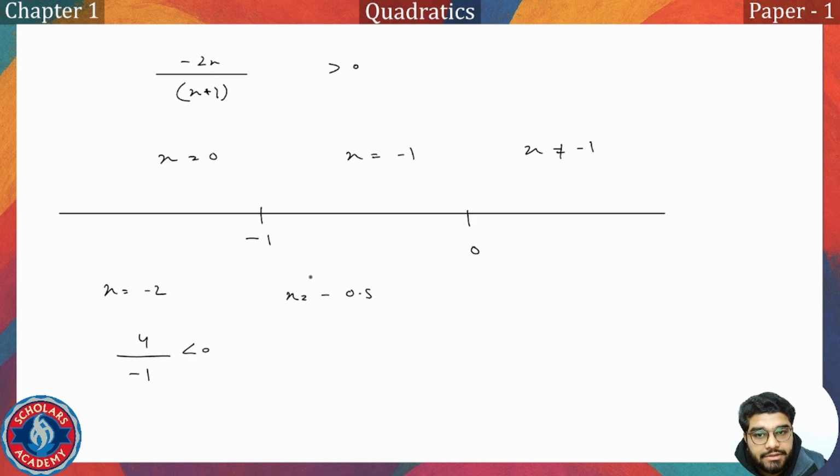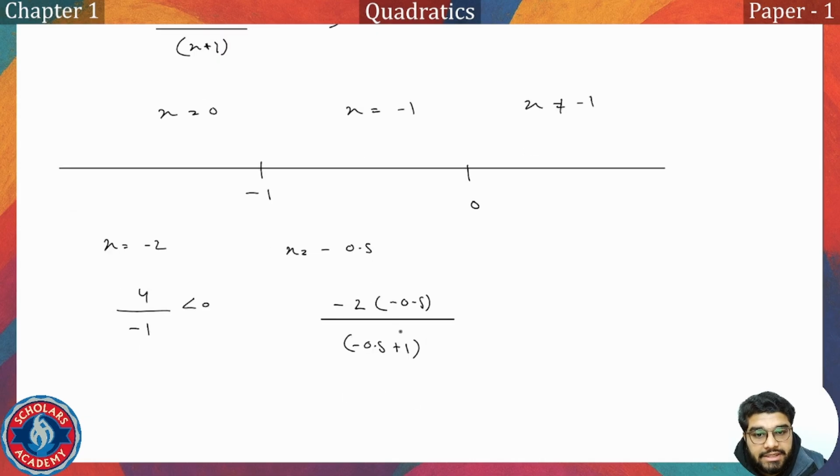If I substitute it, what I get is negative of 2 times negative 0.5 divided by negative 0.5 plus 1. So in the numerator I'm getting 1, and in the denominator I'm getting 0.5, right? So this makes the value 2, which is greater than 0. So yes, we'll take this.